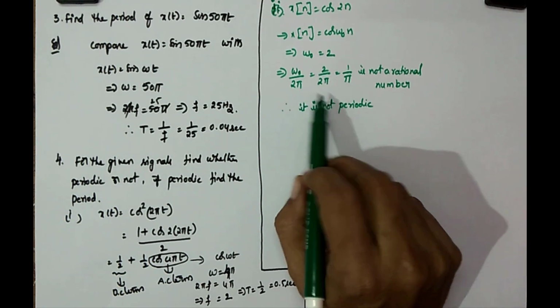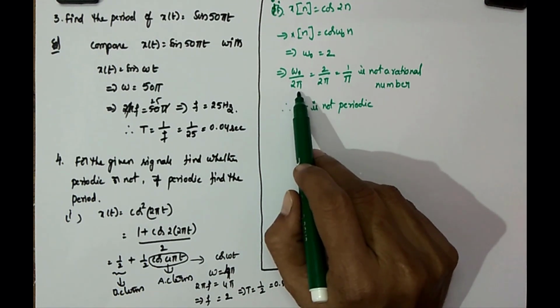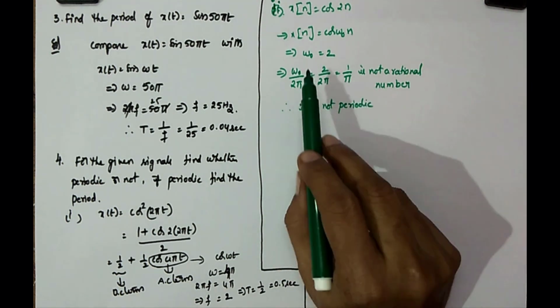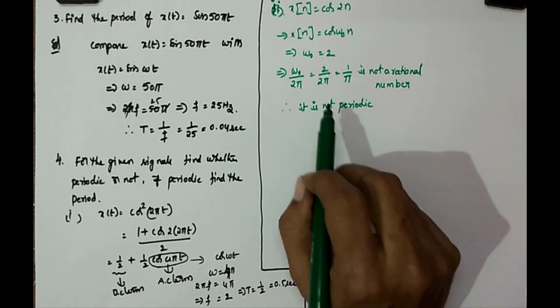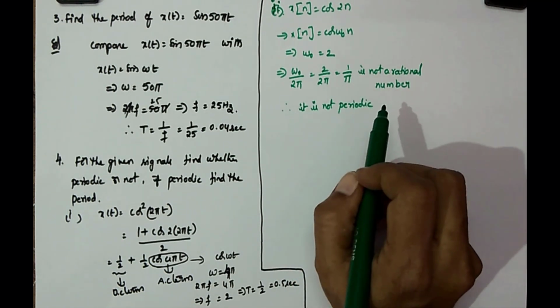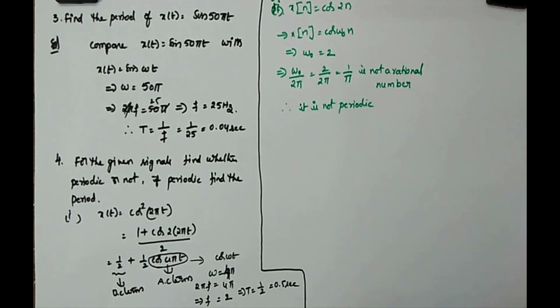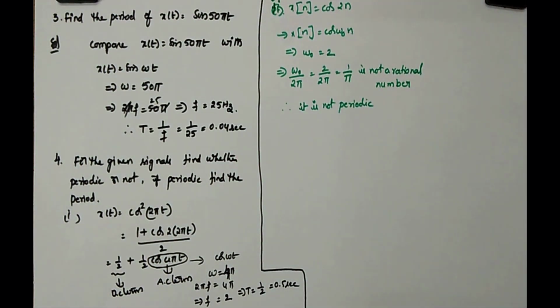While doing the problem, what you have to consider is that omega naught by 2 pi must be a rational number. Then only you can say the given discrete sequence is a periodic sequence. But it is not a rational number. Hence, it is aperiodic, or it is not periodic.